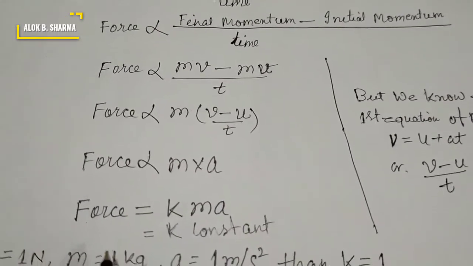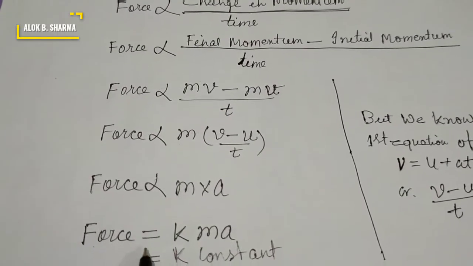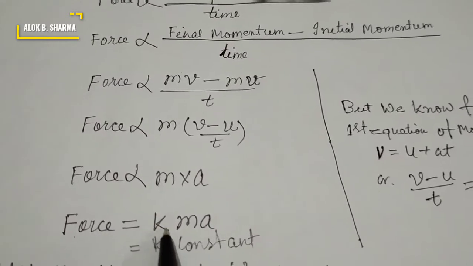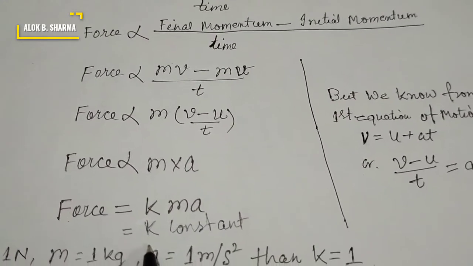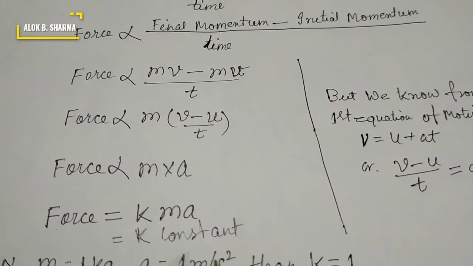If we remove the proportionality sign and bring in the equality sign, we get force equals kma, where k is a constant, also called the proportionality constant.